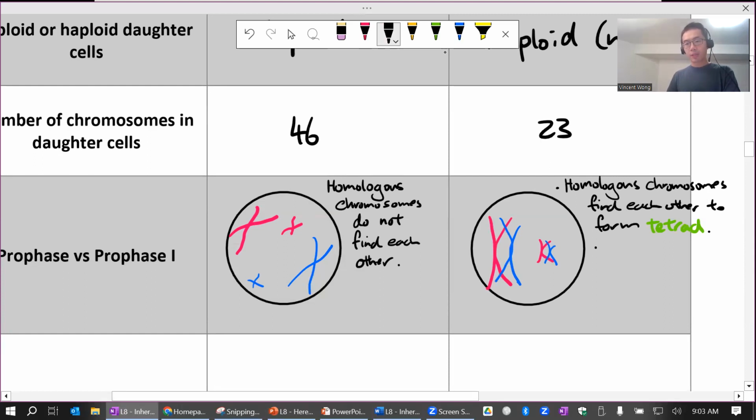And then the purpose of forming the tetrad is to allow crossing over to occur to create genetic variation.